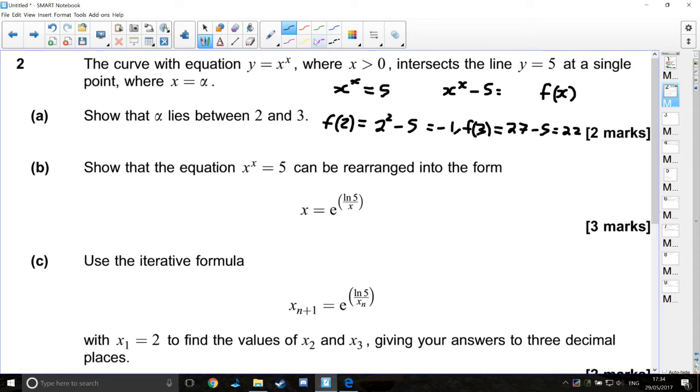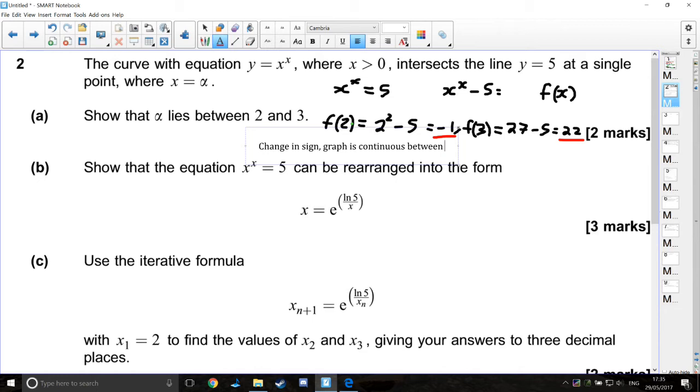And what we have here from these is a change in sign. So we can just write out: change in sign, and you don't need this for AQA, but the graph is continuous between 2 and 3.